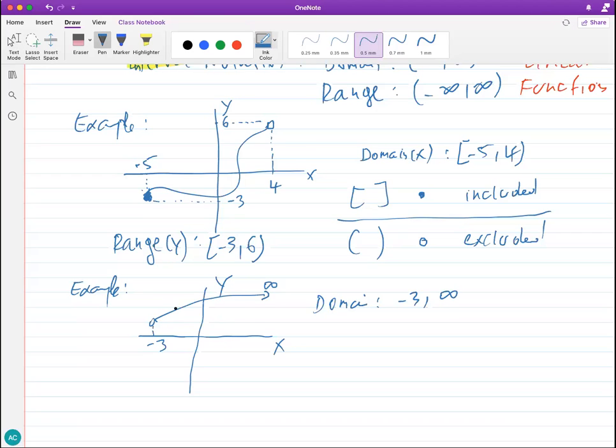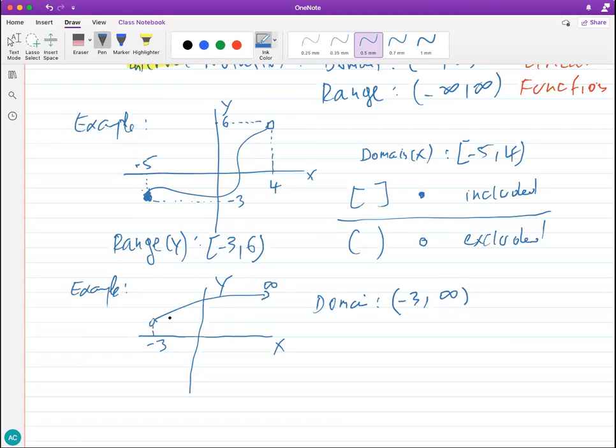So any number, any point here will be in this interval. An interval is basically like a space or a limited range of values. So we know for a fact it goes between this and this. The parentheses are used because -3 is not included, and for infinities we always use parentheses as well.